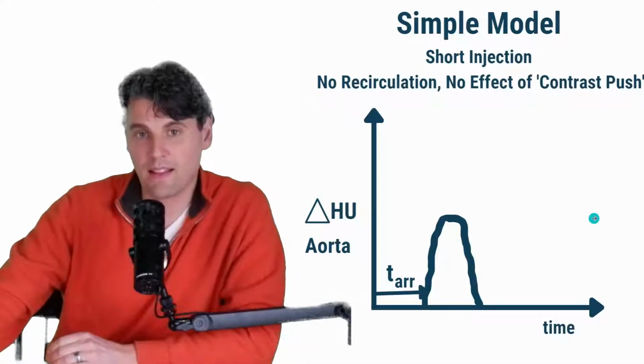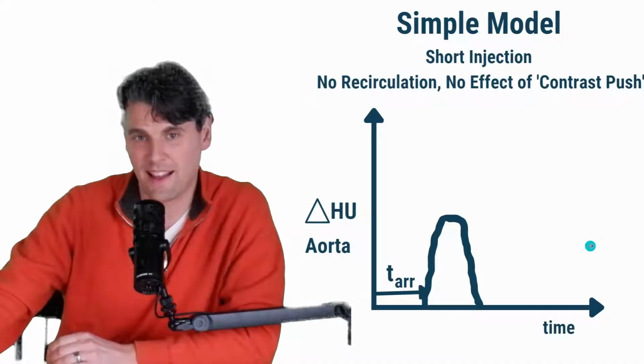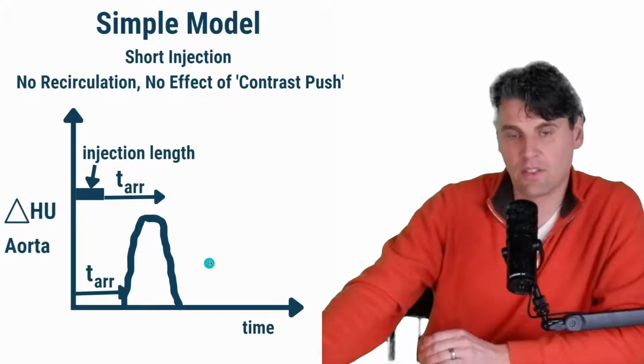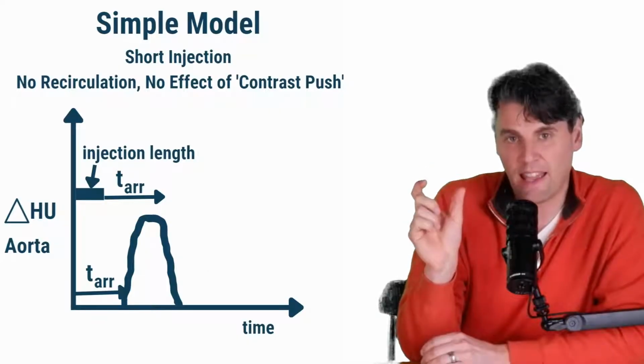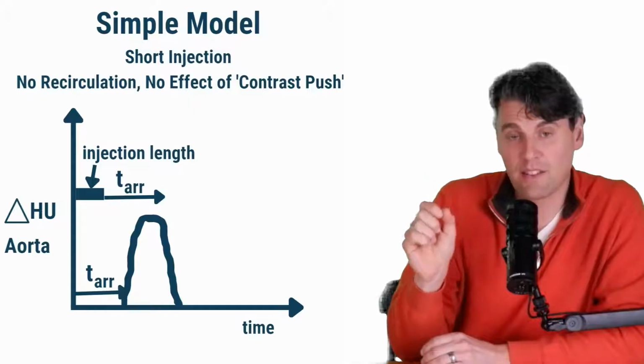We call that time T arrival. The T arrival right here is from when we do the injection until the contrast has arrived. Then, when is the contrast going to start going down? It is the width of the contrast, namely the length of time that you're injecting the contrast, plus the arrival time.